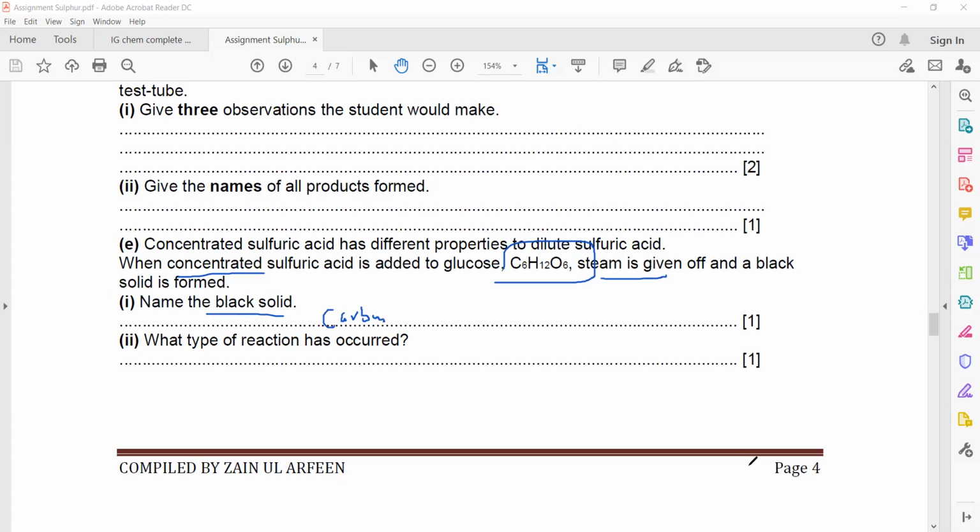That's right. You don't have to mention how many, because this is not the equation. So the number of carbons formed is not important. They only ask what the black solid is. It's carbon. And what type of reaction has occurred?